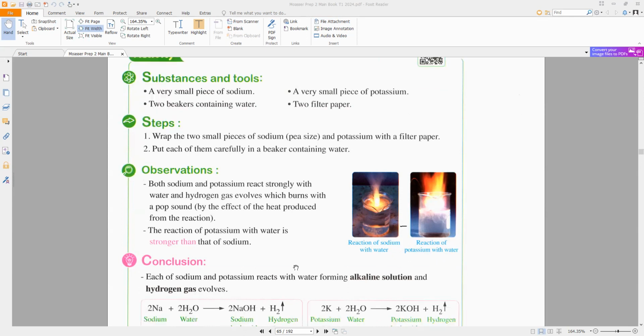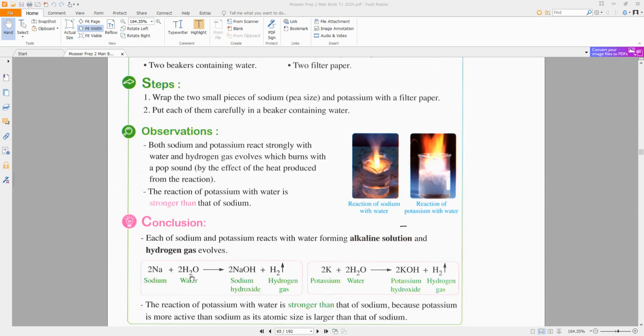So all the alkali metals react with water, but the activity is different. What we observe in this reaction is that potassium reacts more strongly than sodium with water. But each of them, when reacting with water, forms an alkaline solution, and hydrogen gas evolves with a pop sound.